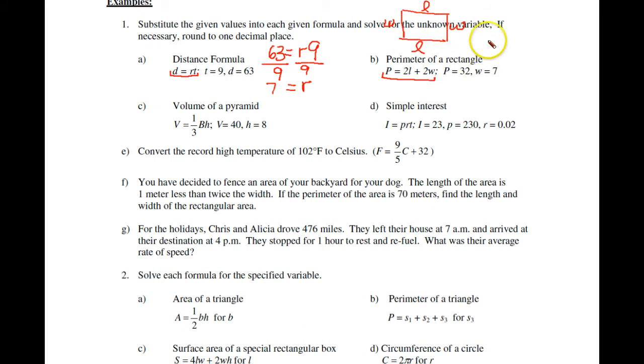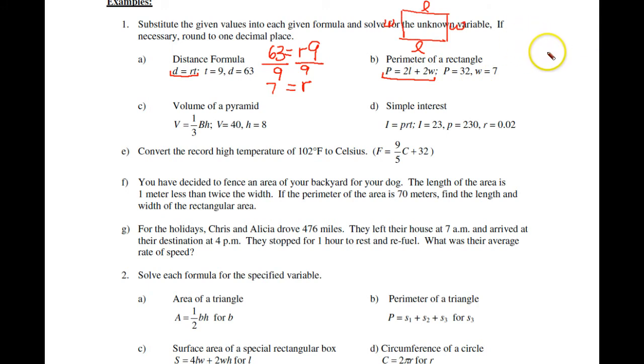Now here they're saying the perimeter is 32. The widths are 7, and we don't know the lengths, so we don't know the 2L. We have 2 widths, so we're just going to substitute 14 here. So I'm going 2 times 7 right there to get 14.